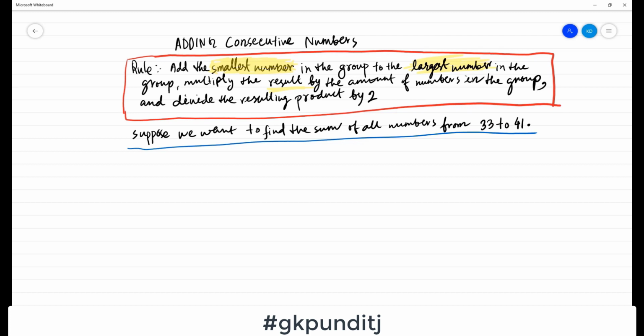In this case we are using this rule, and now see how it happens.